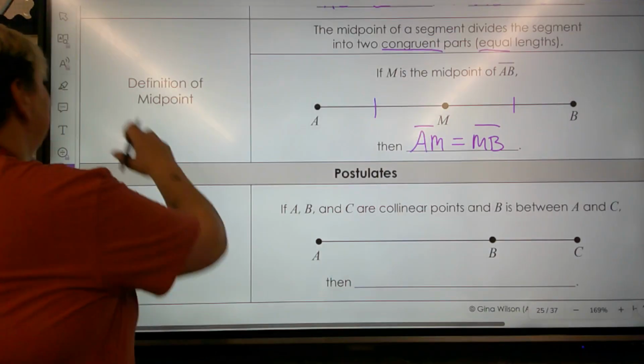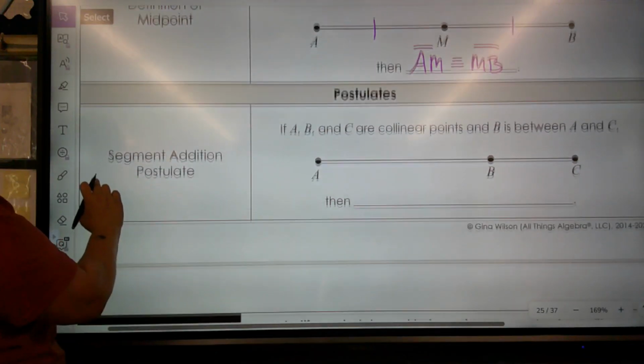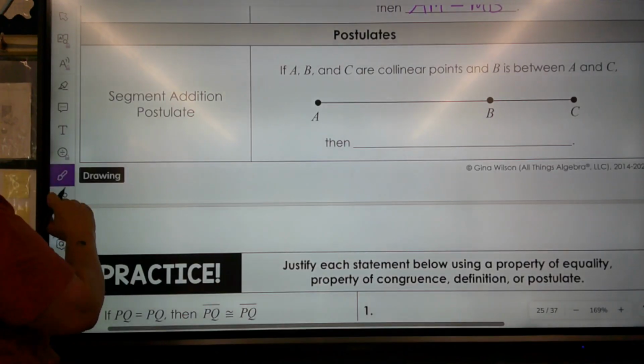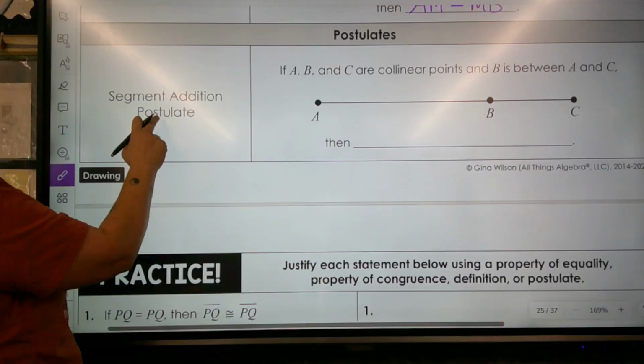Make sense? All right? Now, we bring in our postulates. Don't forget our postulates we learned about. Segment addition postulate.